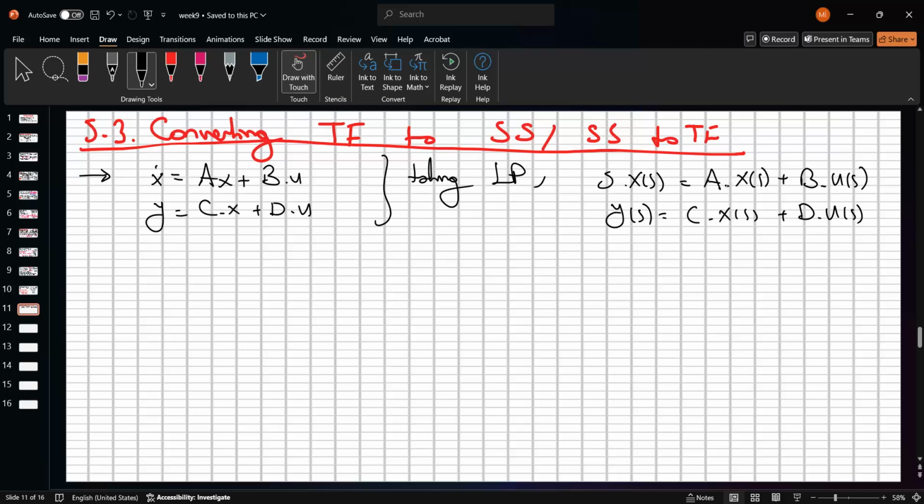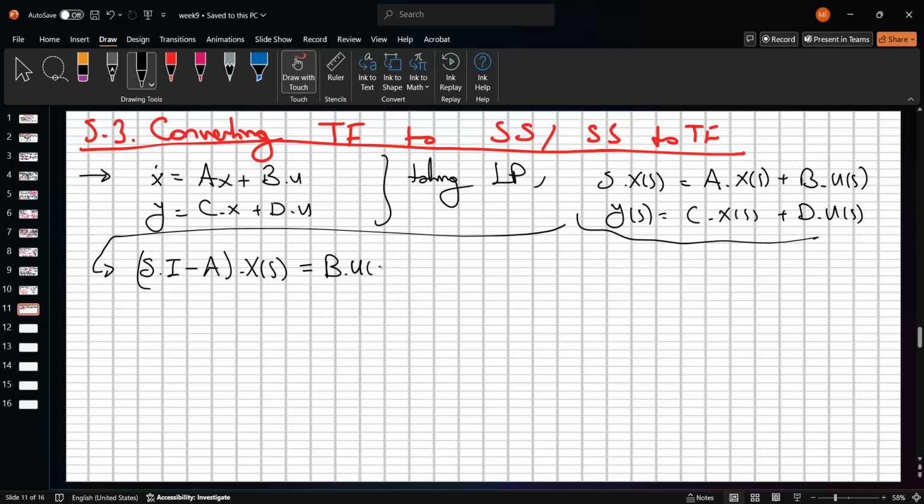So, how can we reorganize this equation in here? Just see that if we use this term A times X(s), and put this equation to the left hand side, this is equal to what? The (sI minus A) X(s) in here, equals BU(s).